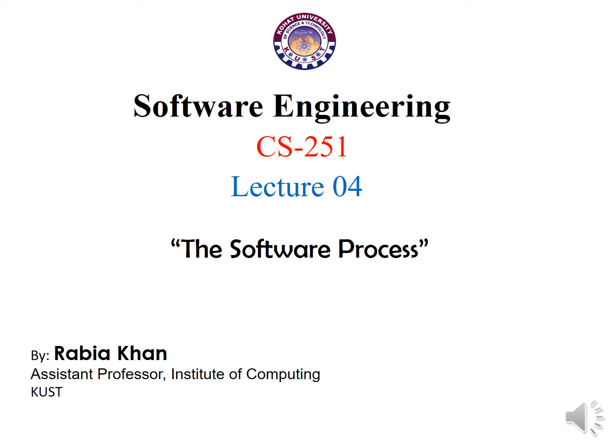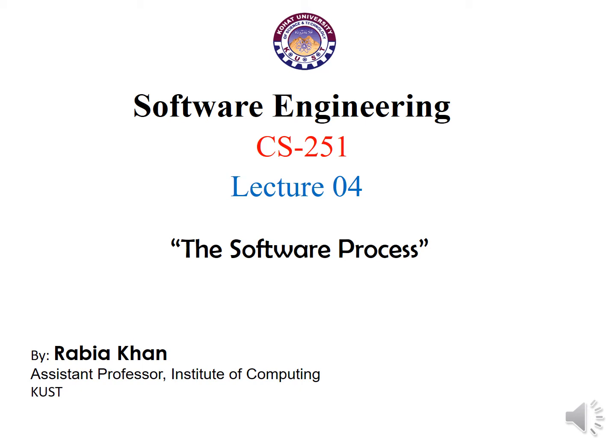In that chapter, we discussed what is software engineering, how it came into being, why it is called software engineering, and how it is different from other types of engineering.